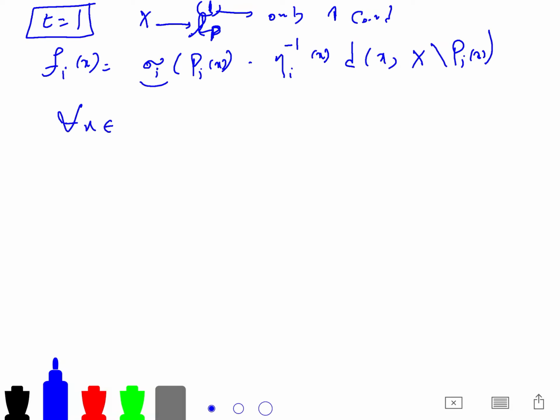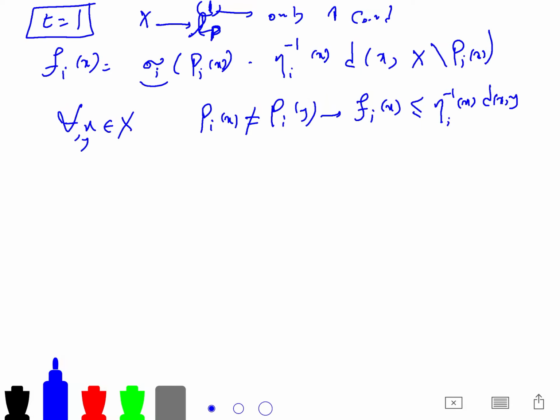So for any x in X, of course, and any y in X, if they are in different clusters, then we can say that f_i of x is less than eta_i minus the distance of x and y.